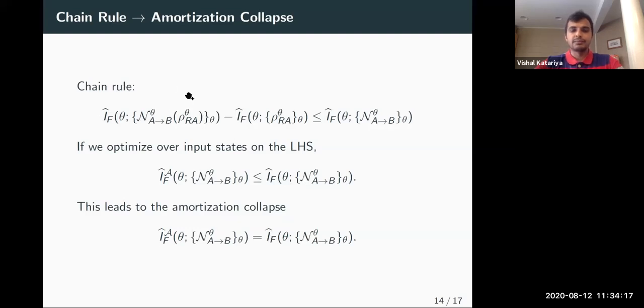The chain rule can be recast in this form. If we optimize over input states on the left-hand side, we get this inequality, which is exactly the reverse inequality we desired for the amortization collapse, and therefore we have the amortization collapse.